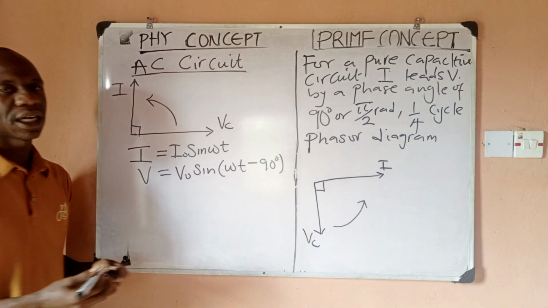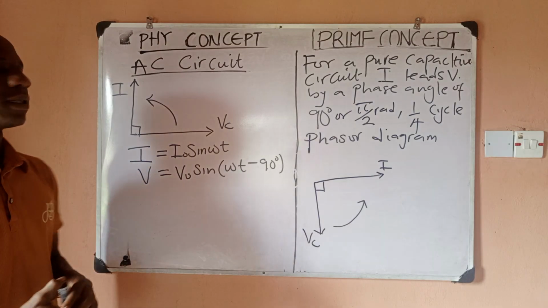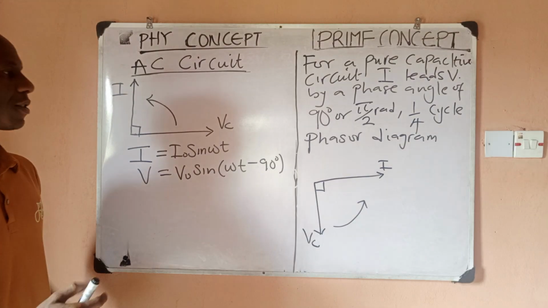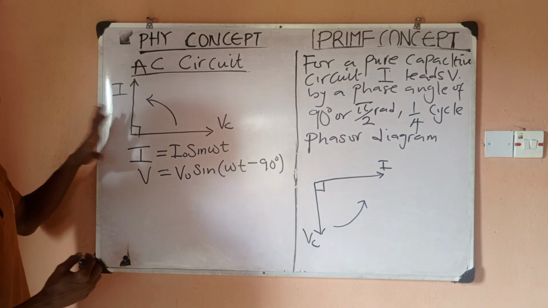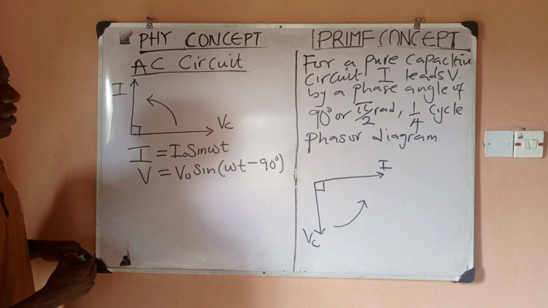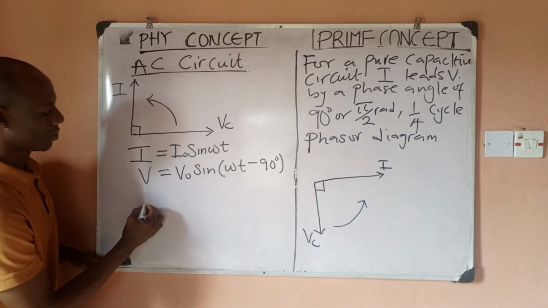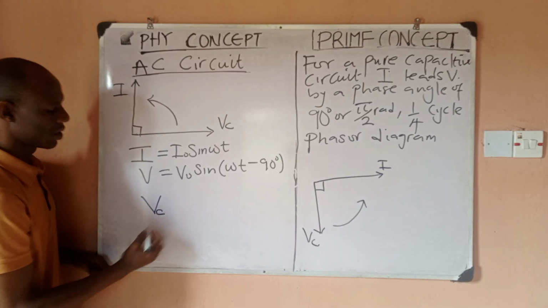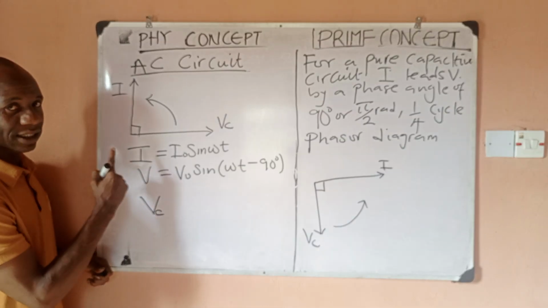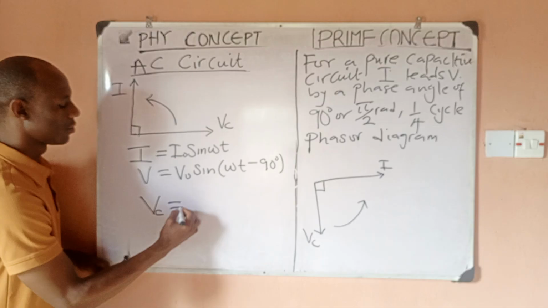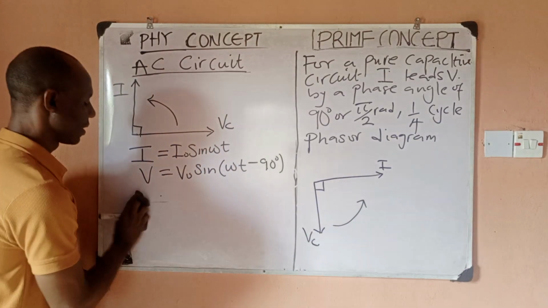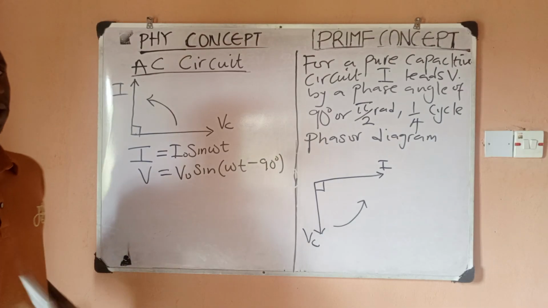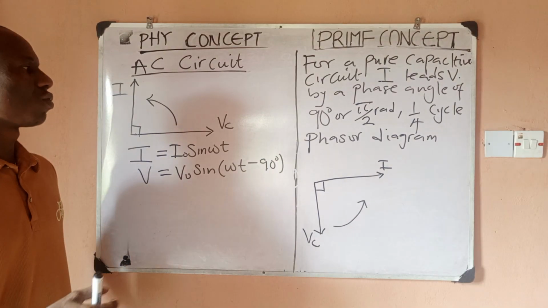So this is what I would have as my relationship, right? And also, very quickly, we should know that for a purely capacitive circuit, from our Ohm's law relationship, the voltage across the capacitor Vc would be given as, okay, let's leave this till we mention the next quantity. So this is something that is important for us to take note of.